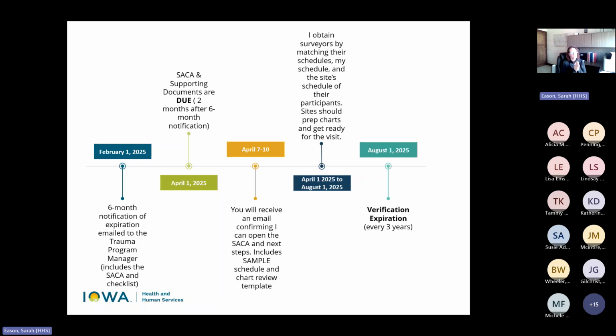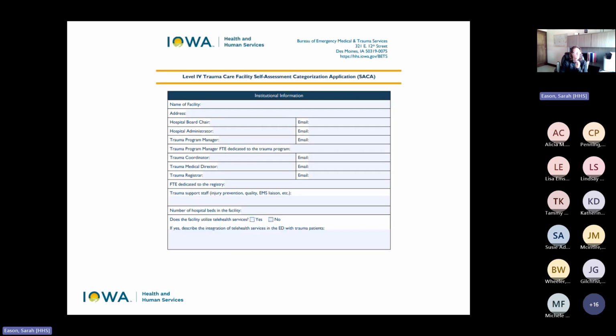One thing to note here is the SACA application that we're going to talk about looks like this. Let's see if I can jump ahead just quick for a minute. This is the SACA. You'll see up here in the corner, it'll say level 4, and it is almost identical for level threes. Not quite identical, but almost. So this is what your SACA is actually going to look like, and this is the application.